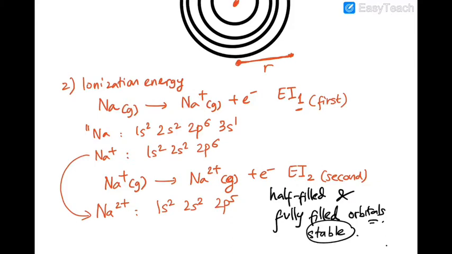So if this is fully filled like this, it will be very difficult to take 1 electron from such a stable system. That is why the sodium ion that we observe in nature is Na plus and not Na2 plus.